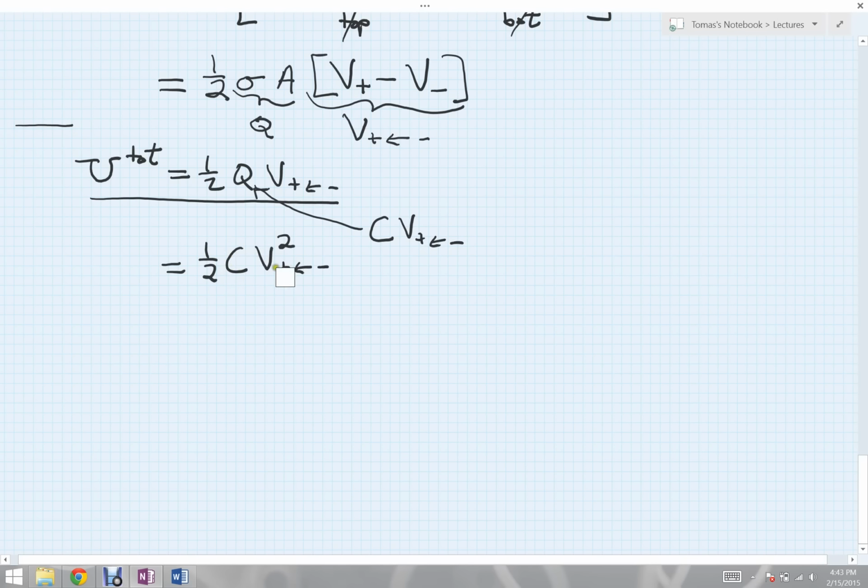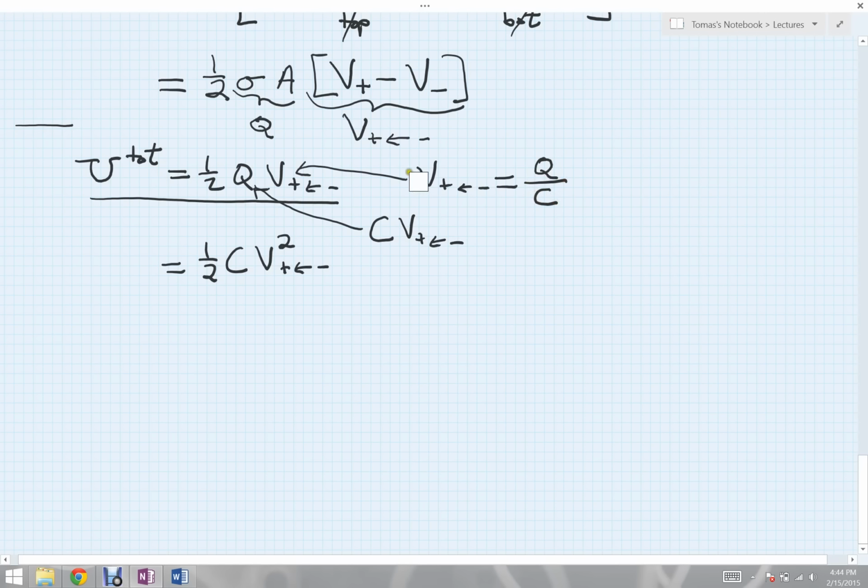We can also do it in terms of charge. We could substitute in for V. If Q equals C times the voltage, then the voltage we know we can relate to the charge. If I solve Q equals CV for voltage, I would get Q divided by C. So I could say voltage is the charge on those plates divided by the capacitance.